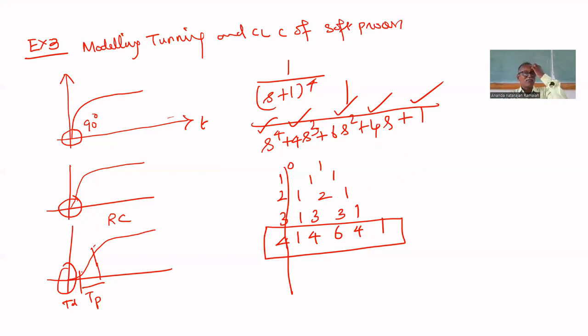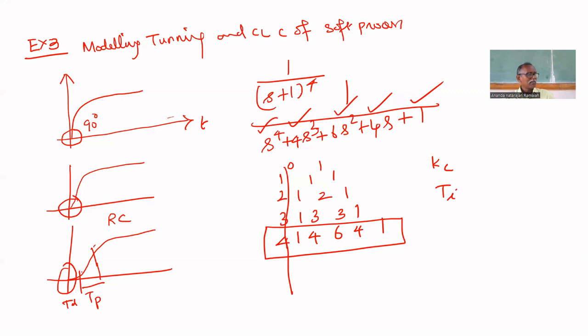For this we have to do closed loop control. To do closed loop control, we have to find Kc and Ti. Since it is a simulation, it is fast. Whether it is fourth order, 10th order, or 100th order, it takes the same time.